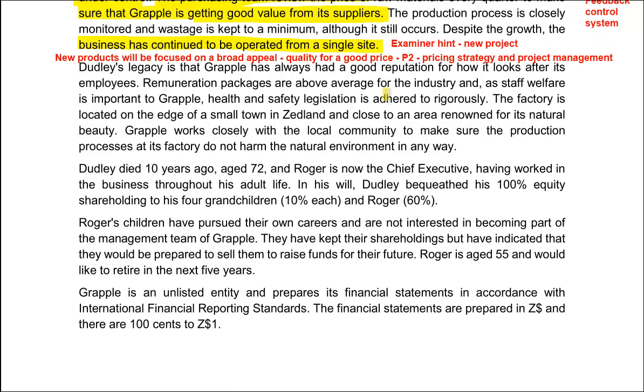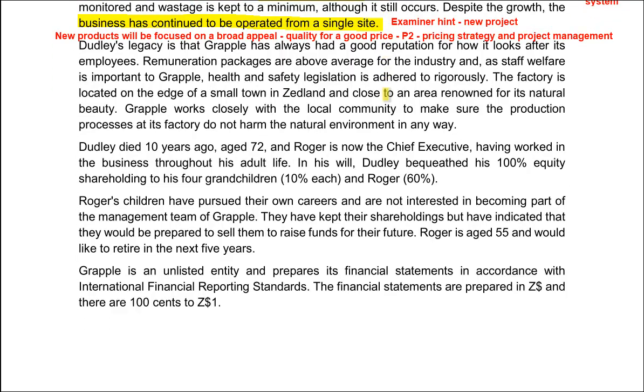So as we move down further, Dudley's legacy is that Grapple has always had a good reputation for how it looks after employees. So again, this is all about branding. So again, we're looking at our E2 and P2, very important theories surrounding staff motivation, the learning curve theory in relation to keeping them happy, and therefore if they're happy, they'll be more motivated and their actual efficiency will go along the curve of the learning curve to actually increase in productivity, provided that they are motivated.